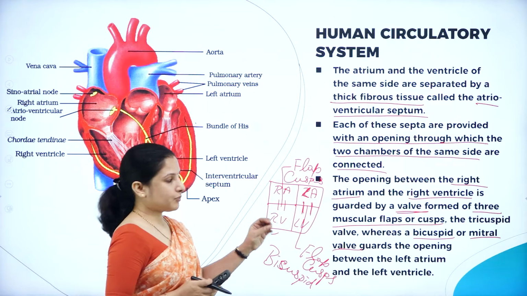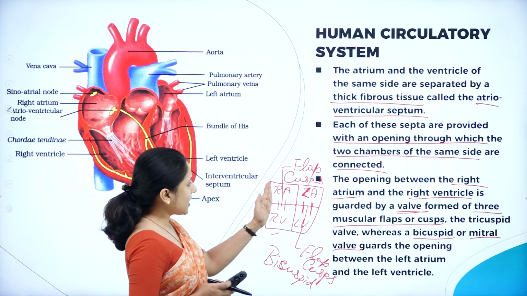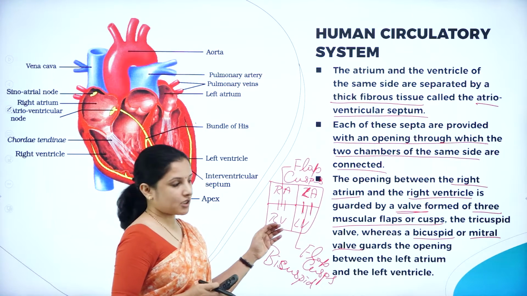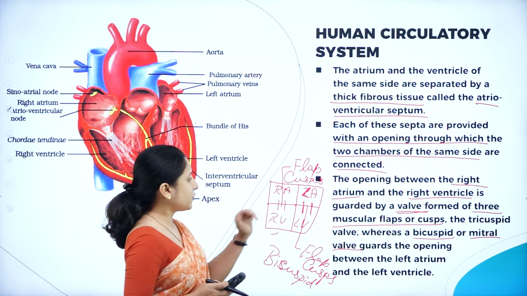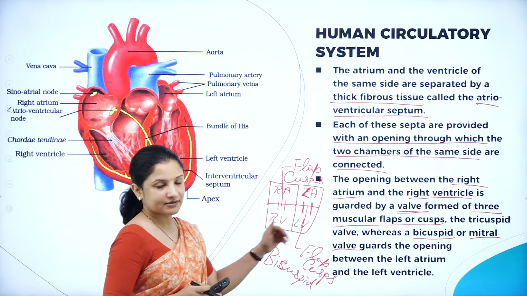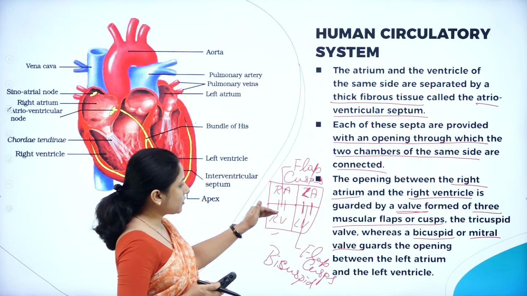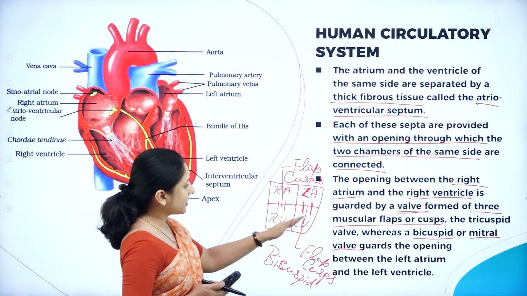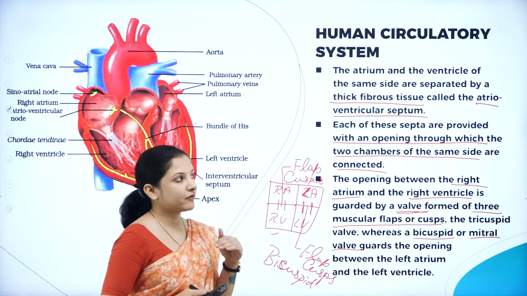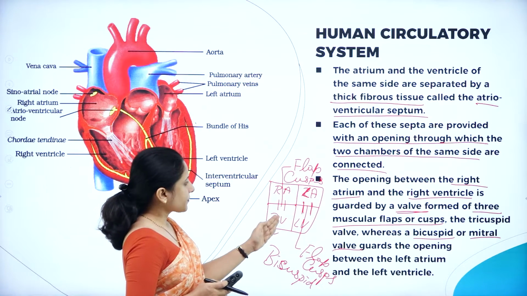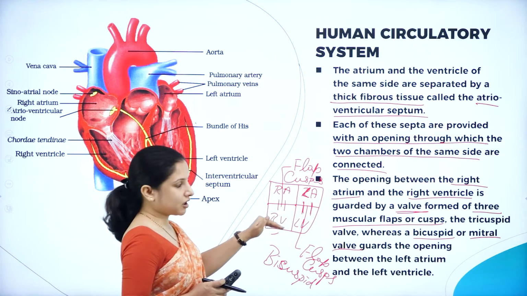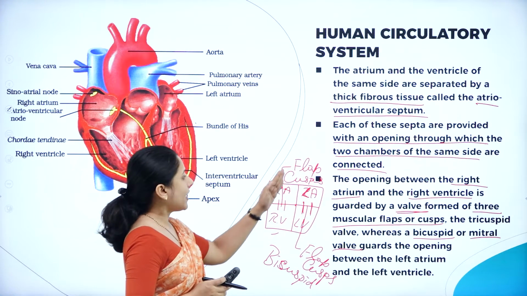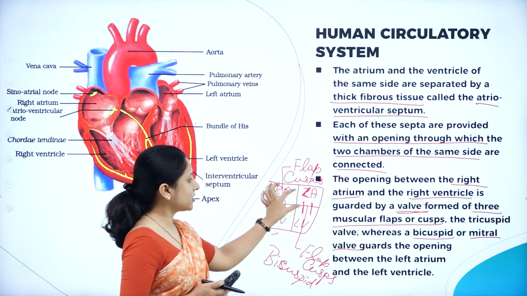Now the heart is made up of 4 chambers. The right atrium and the left atrium are separated by the interatrial septum, and the right ventricle and the left ventricle are separated by the interventricular septum. The right atrium and the right ventricle are separated by the atrioventricular septum, and the left atrium and the left ventricle are also separated by the atrioventricular septum. Though they are separated by the septa, between the right atrium and the right ventricle there is an opening, and also between the left atrium and the left ventricle there is an opening.